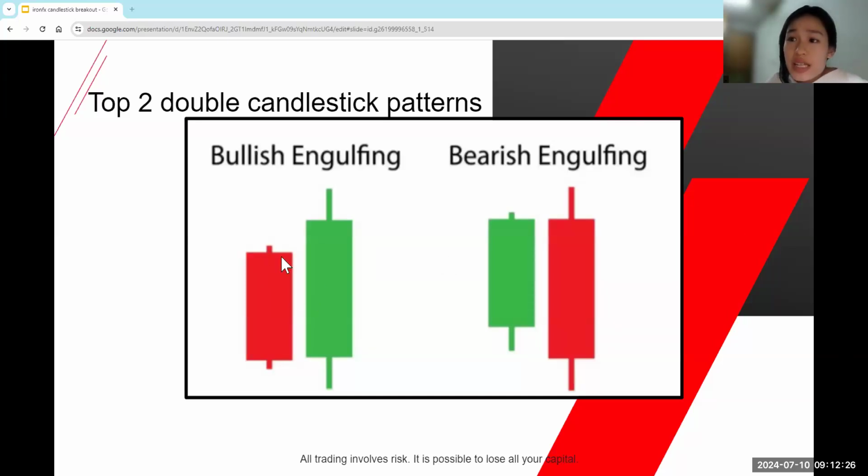We just have a shorter first candlestick, with the second candlestick starting from the bottom of the first candlestick, and then price is significantly longer compared to the first one. That's the exact same for bearish engulfing, just that the colors have switched, since here we're looking at a reversal from a downtrend to an uptrend and an uptrend to a downtrend, as signaled by the names bullish and bearish. Okay, that's pretty straightforward, I think.